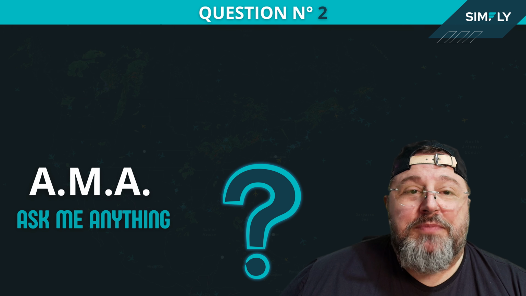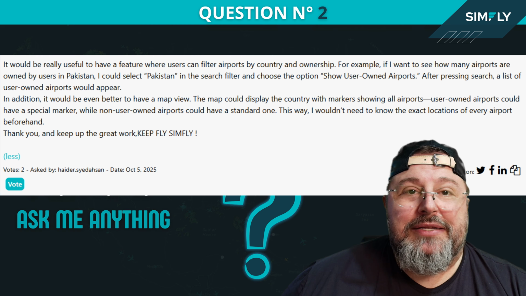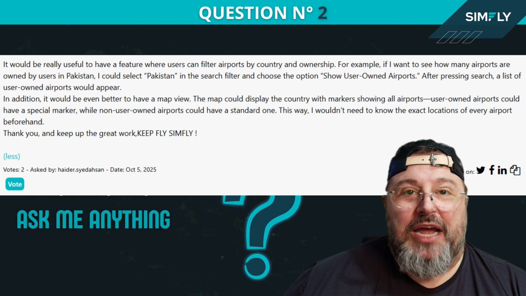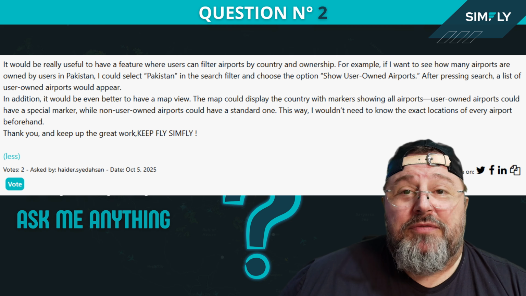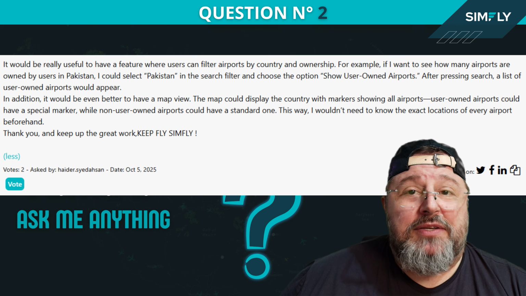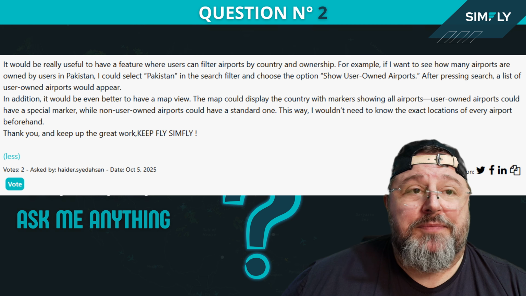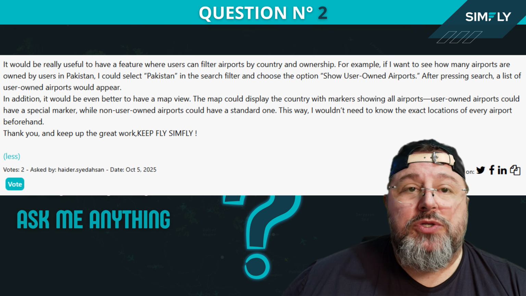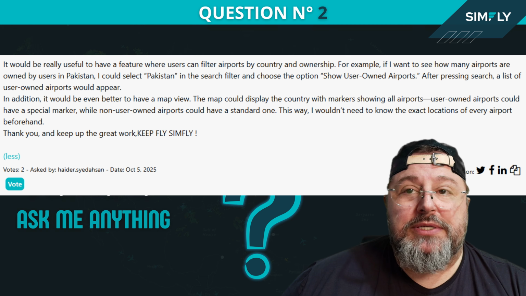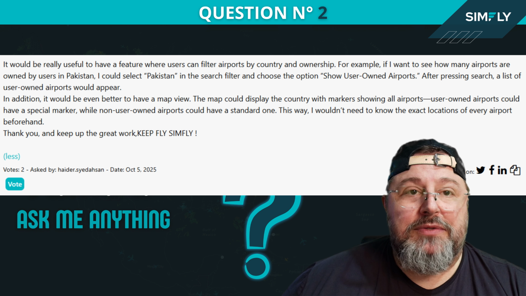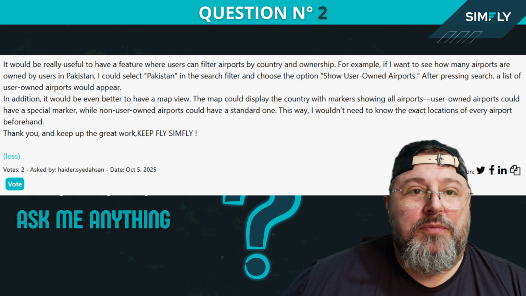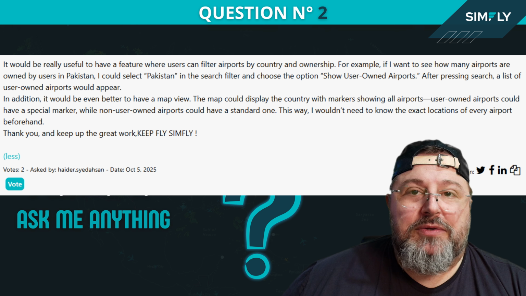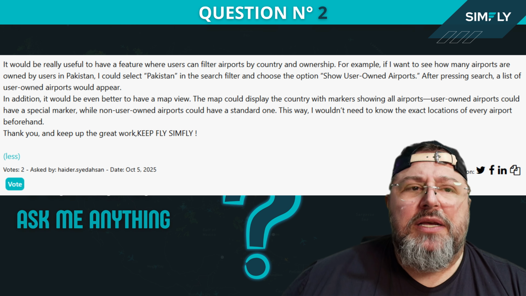Question number 2 has been asked by Haider Sayedashan. I hope I say your name correctly. 5th of October 2025, it has 2 votes and is asking: it would be really useful to have a feature where users can filter airports by country and ownership. For example, if I want to see how many airports are owned by users in Pakistan, I could select Pakistan in the search filter and choose the option Show User-Owned Airports.